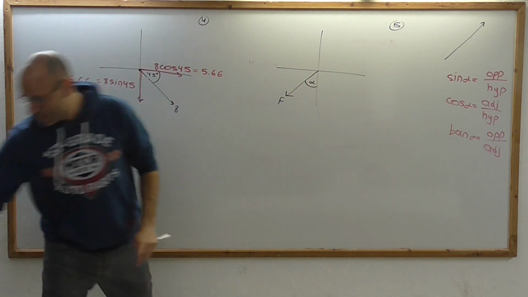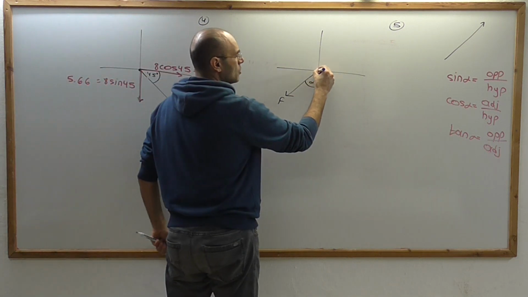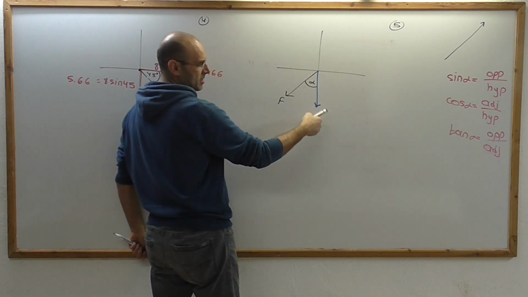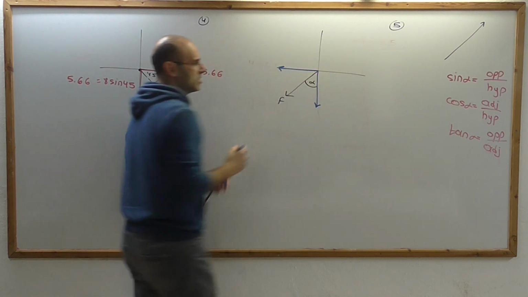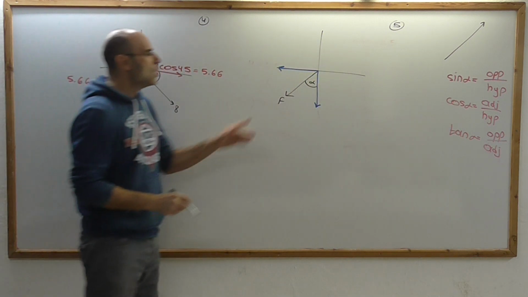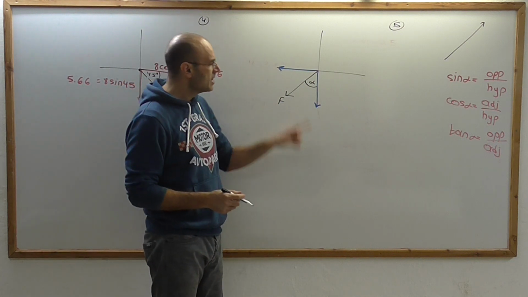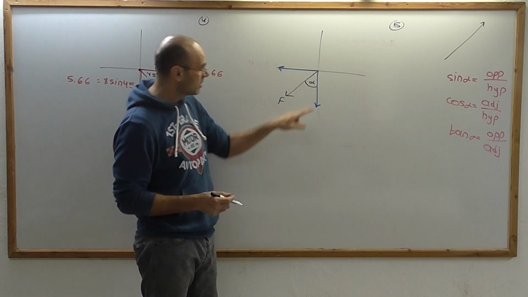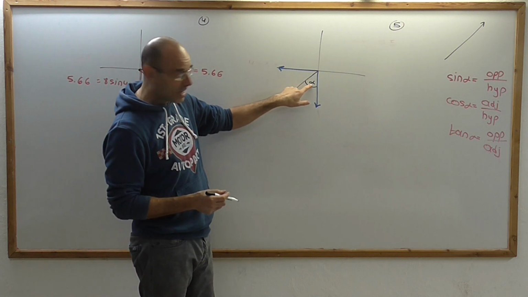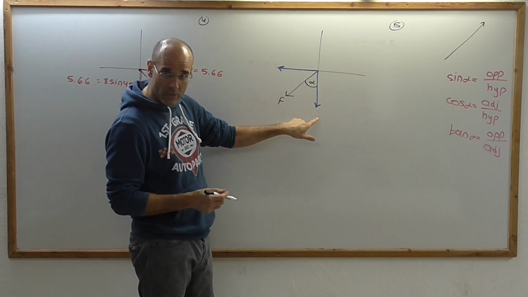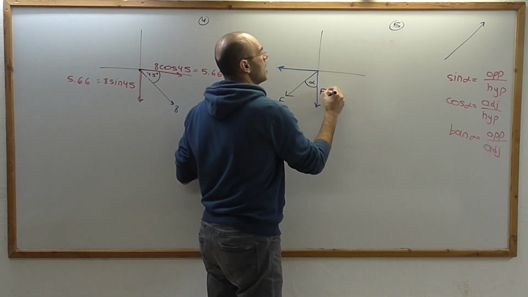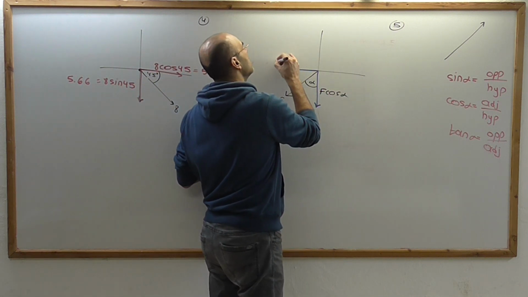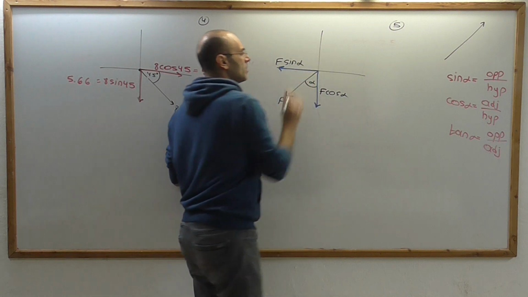Again, I break it into its components. One of them is in this direction and the other is in that direction. Which one will get the cosine? The cosine goes to the vector next to the angle. So if this is my angle, this one will get the cosine. So it's F cosine alpha, and F sine alpha.